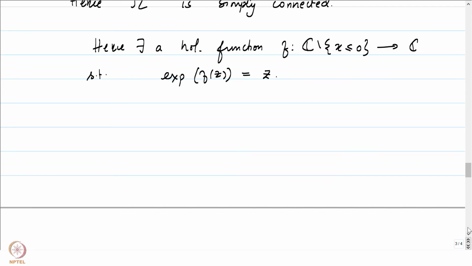Let's see what happens when we have two branches of the logarithm. Suppose f and g are two branches of the logarithm which are continuous functions.